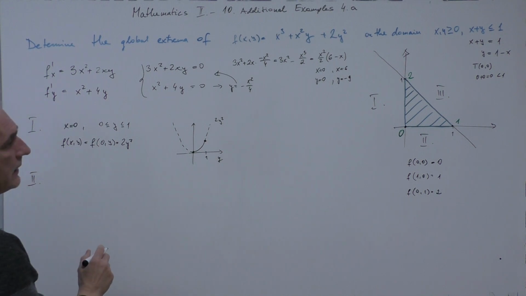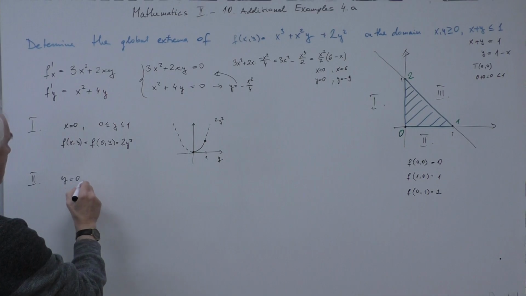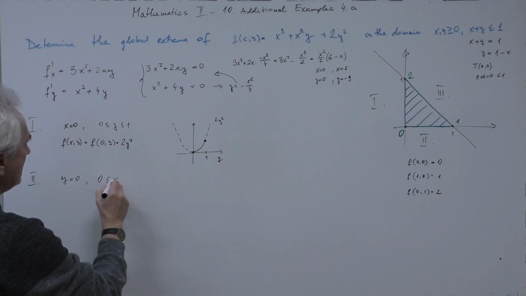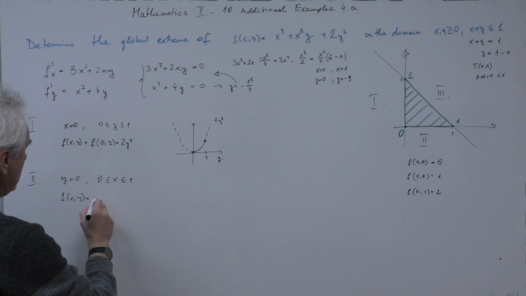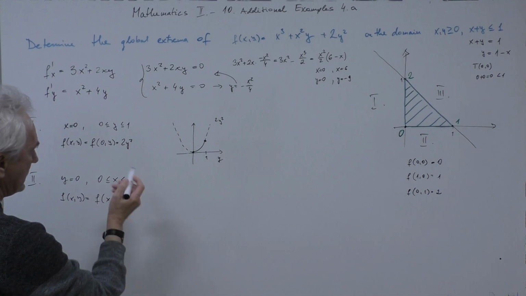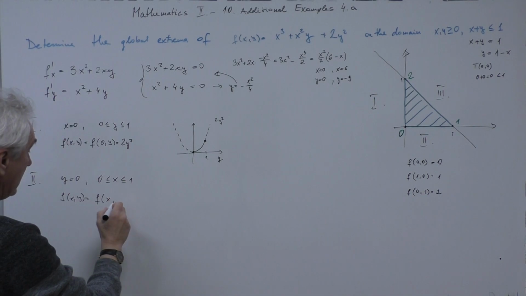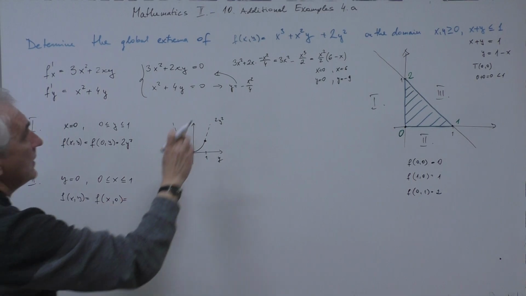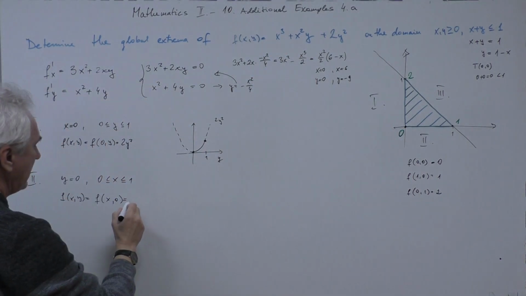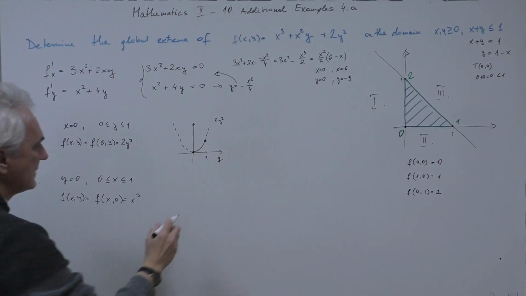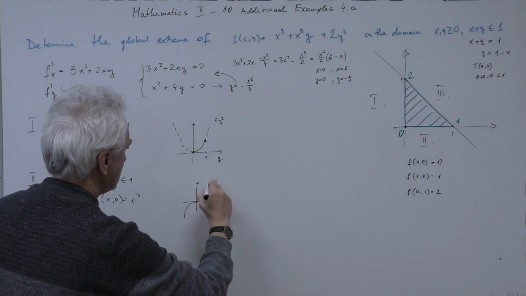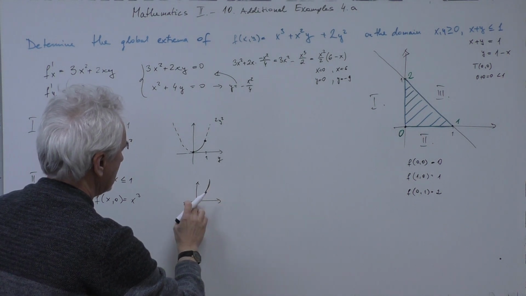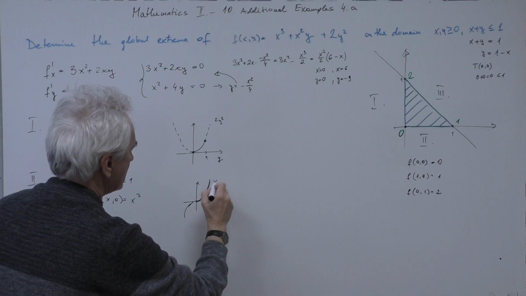Second side, in this case y is 0 and x is between 0 and 1. So the function on this line segment is, plugging back 0 for y, x cubed. Again, this is a function whose picture we know, the x cubed function.